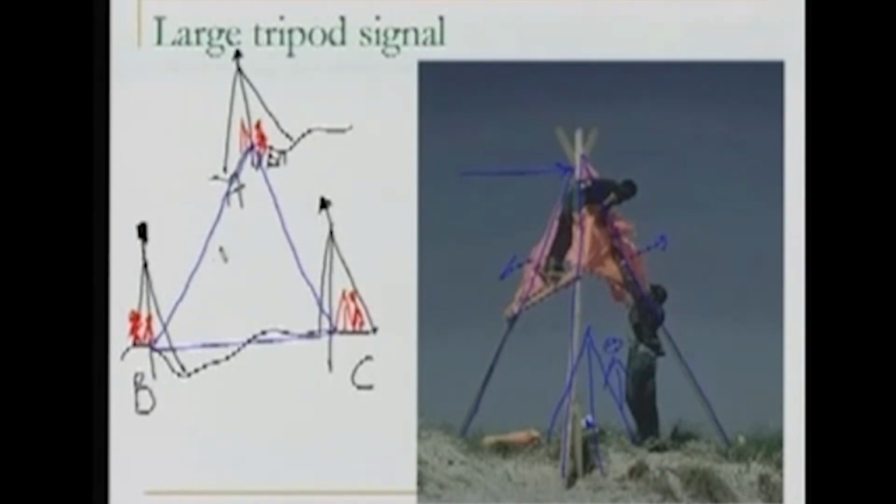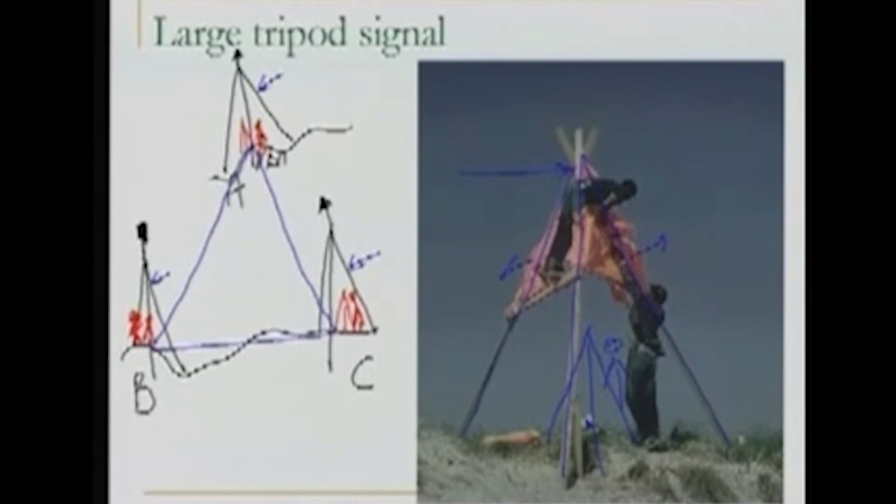As in this figure, there is a triangle A, B and C. All these black ones are the tripod signals, and the red ones are the observers who are trying to observe the angles, and this red line is the theodolite.